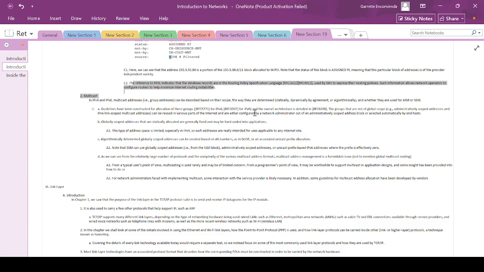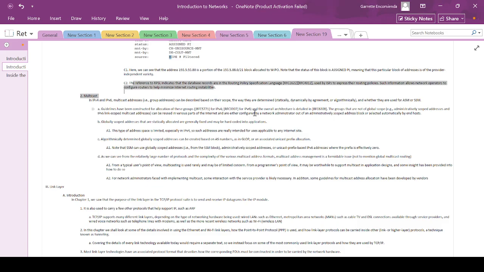So these multicast addresses are determined by their scope: we have link local, host only, site, and also global. They are also determined by how they are allocated, whether statically, dynamically by agreement, or algorithmically, and whether they use ASM or SSM.